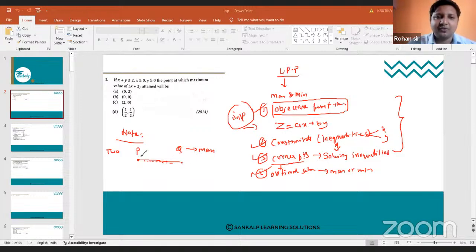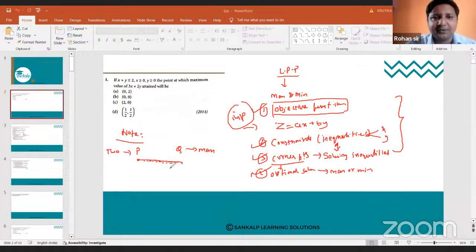So the maximum value of the objective function will occur at every point joining P and Q. This note point you need to know. When the maximum or minimum value is obtained at two different points, any point on the line joining these 2 points will give us that value.